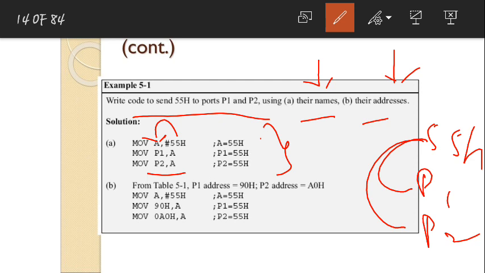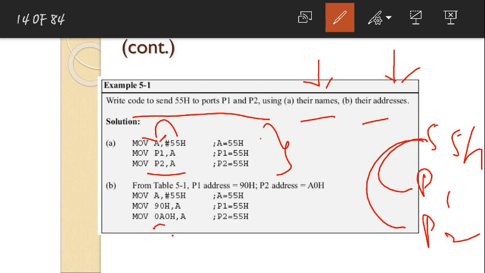So now the second program is: move 55 into A. Now I'll move A into 90H. Then I'll move A into 0A0H. See the same point again: 90 is a number, so he didn't mention 0 in front. And A is an alphabet, so we need to mention 0 in front of the alphabet, then only it will take.